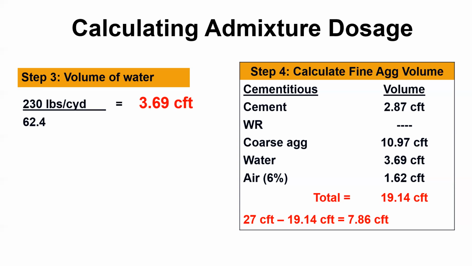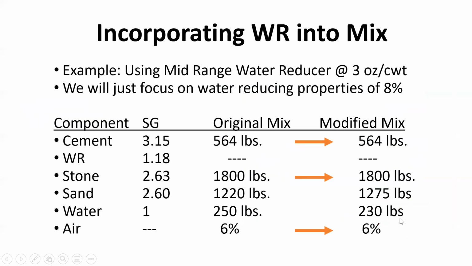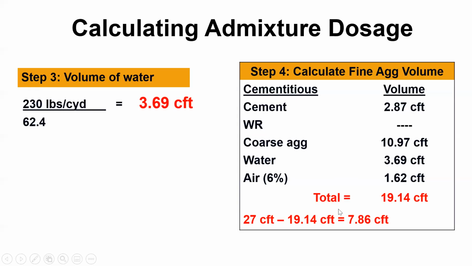So we're just going to neglect it. So when you add up this column, it comes out to be 19.14. So 27 minus 19.14 equals 7.86. So 7.86 cubic feet is the volume.